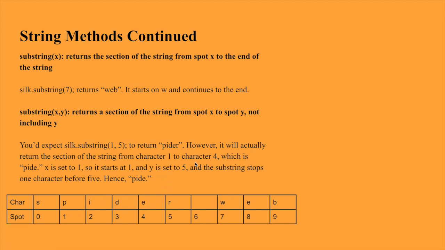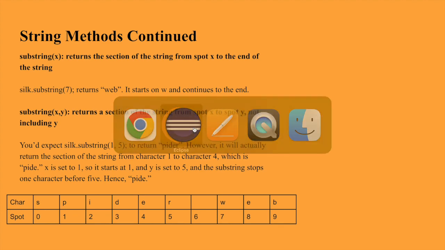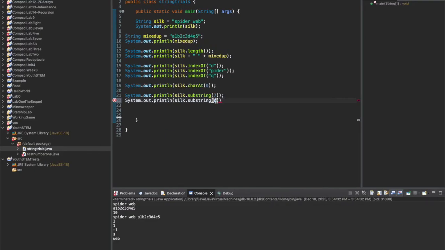However, it'll actually return the section of the string from character 1 to character 4, because every time you do substring(x, y), it returns a section of the string from spot x to spot y, not including y. So it goes only from 1 to 4, which is pide, because x is set to 1, so it starts at 1, y is set to 5, and the substring stops 1 character before 5. It's an odd rule, but it's one you definitely have to know for the AP.